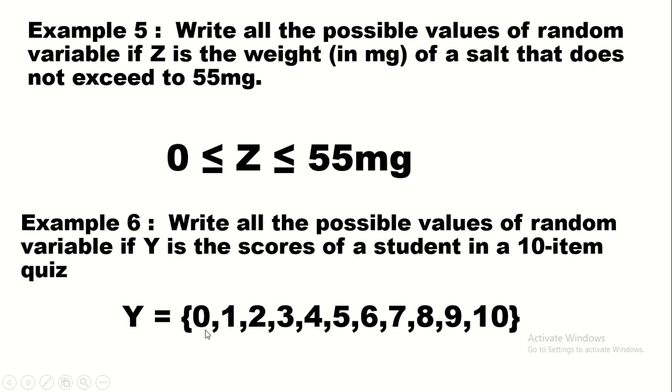Or pwede makakuha ang bata ng 0 or 1 daw or 2 or even perfect score. Wala po siyang definite na nakasulat na score dito kaya ganito natin siya i-represent. So random variable y is equal to 0, 1, 2, 3, 4, 5, 6, 7, 8, 9, 10. So ito, isa dyan ang possible value na makuha ng bata na maging score niya sa 10-item quiz.